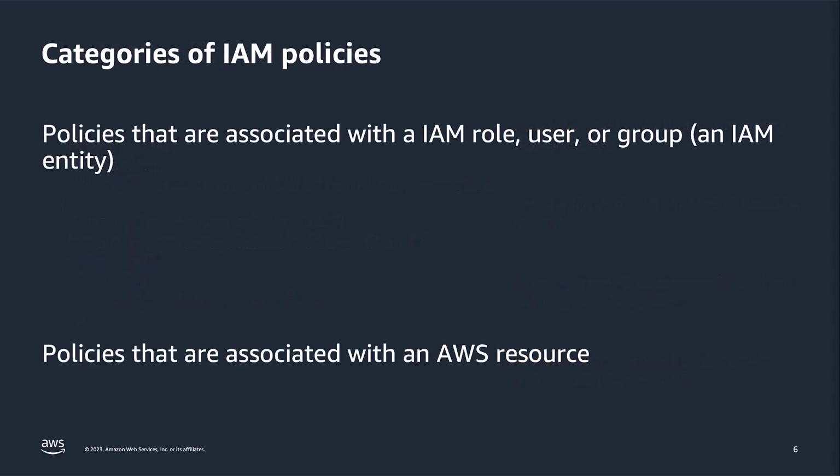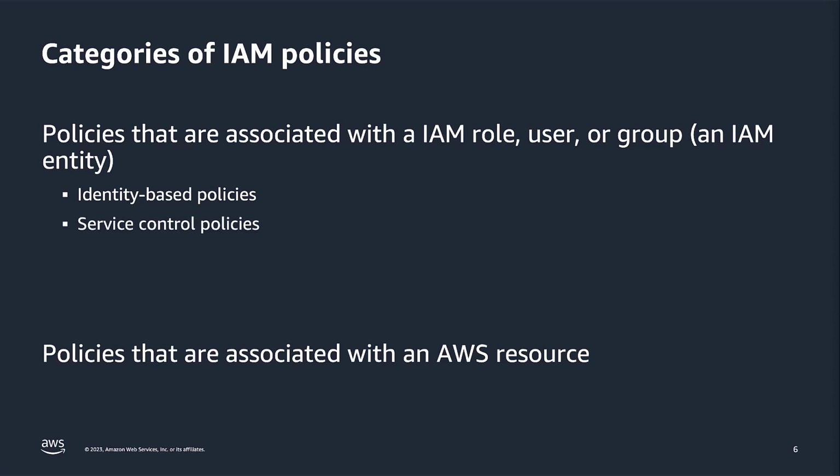Now, we just looked at an IAM policy statement and said that IAM policies contain one or more statements. There are also a number of different types of IAM policies. There are policies that are associated with an IAM role, user, or group, and policies that are associated with an AWS resource. For policies that are associated to a role, user, or group, there are identity-based policies, which are policies that are directly attached to an IAM role, user, or group, and contain your fine-grained permissions.